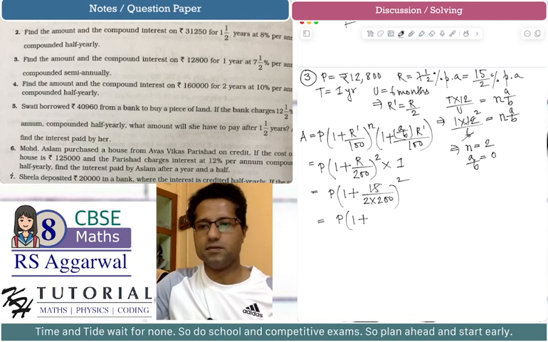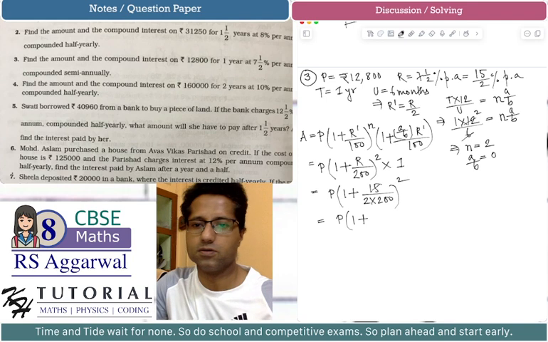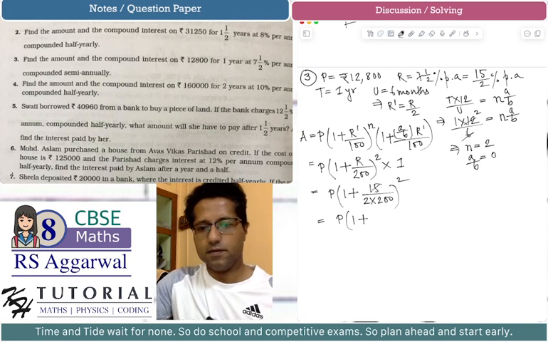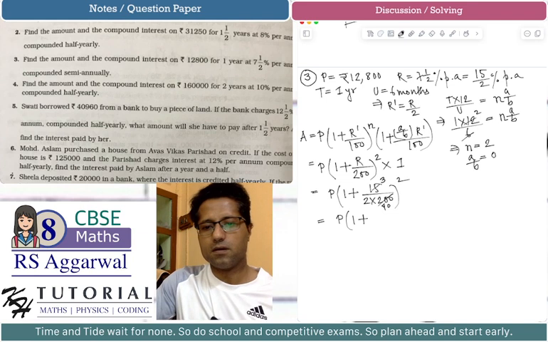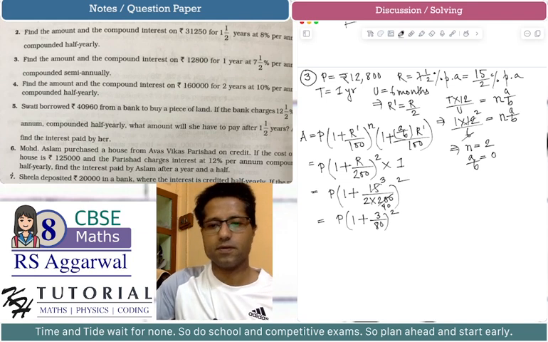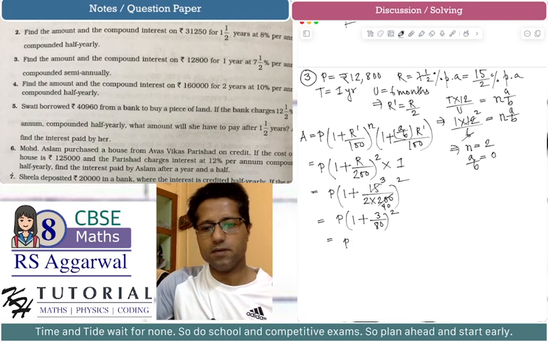So N is equal to 2 and the fraction A by B equals 0. Simplifying 15 by 400 gives 3 by 80. So this is equal to P multiplied by 83 by 80, the whole square.